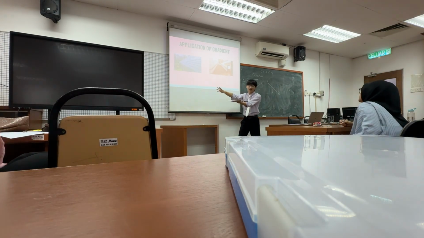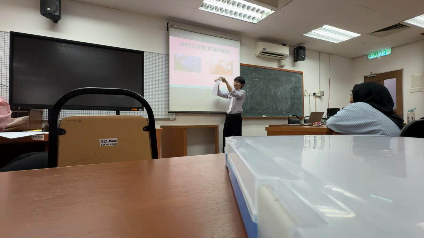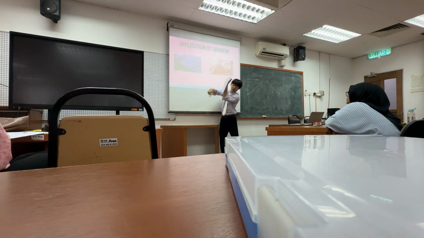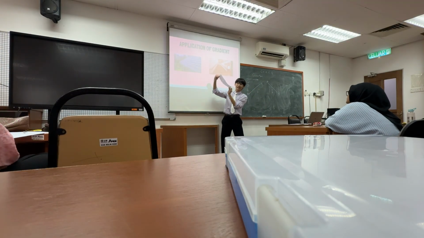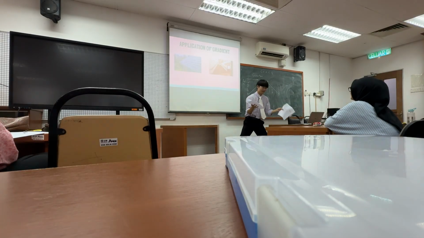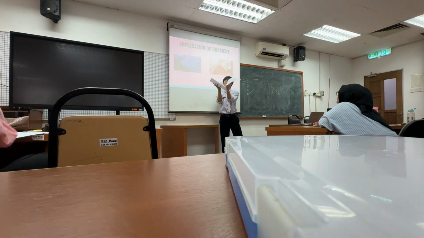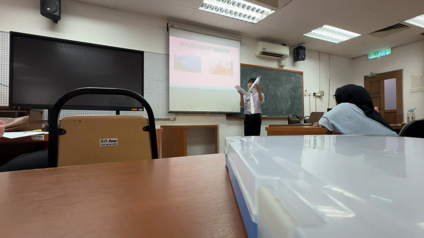No, it cannot. But if we have a gradient like this, when the water falls down, it will go down. It's easier for the water to go away. But if two roofs slope like this, all the water is contained in the middle. Good.